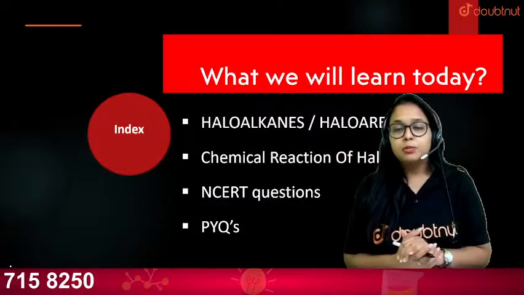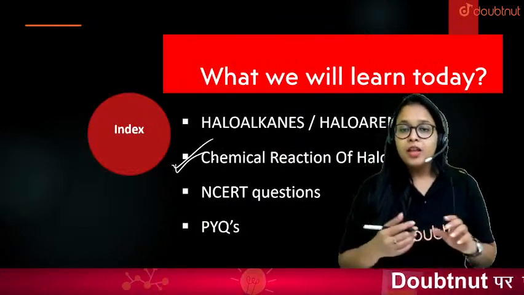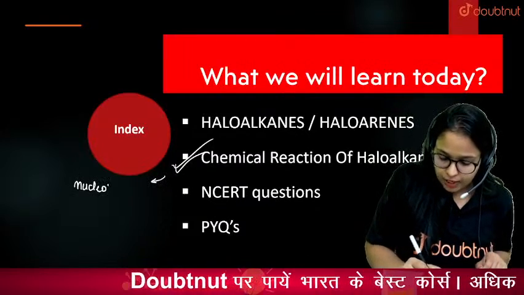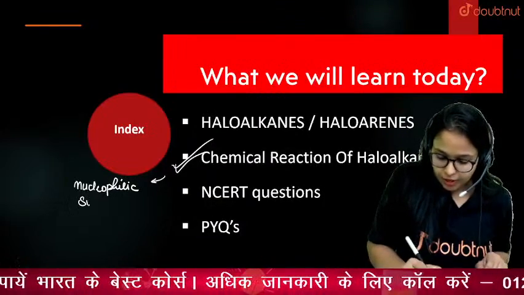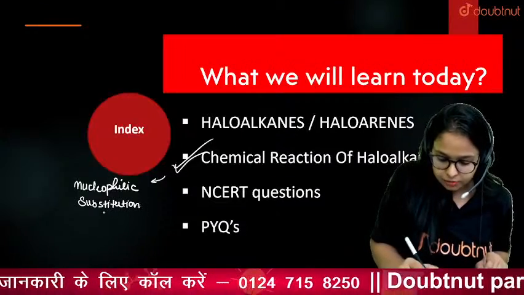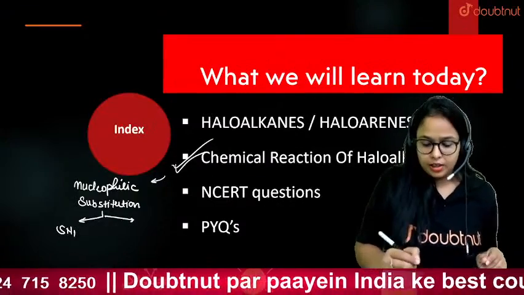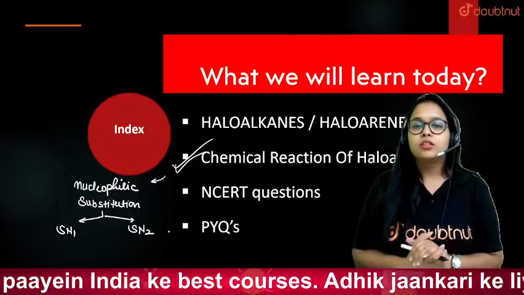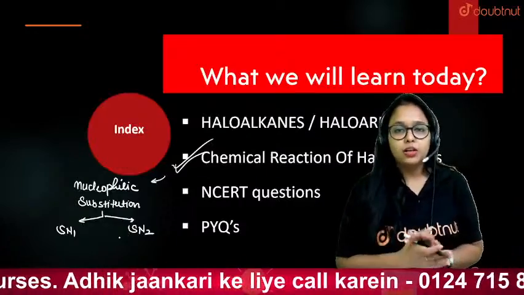Okay. So what are we going to do? We'll understand the chemical reactions which haloalkanes show. We will understand why nucleophilic substitution reactions commonly occur in haloalkanes. These nucleophilic substitution reactions can be further divided into two categories. One is the SN1 reaction, the other is the SN2 reaction, that is, nucleophilic substitution with first order is SN1 and with second order is SN2.